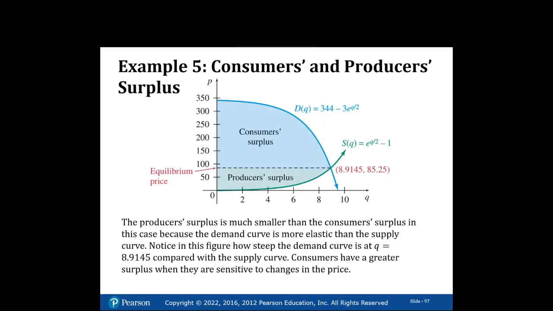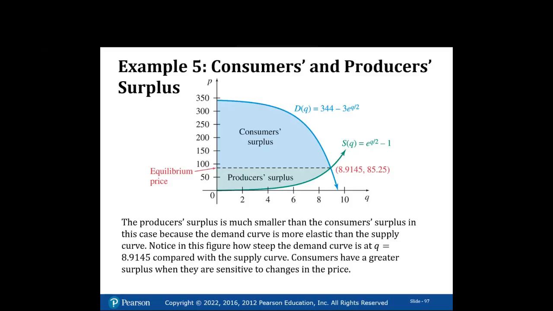So here's the actual graph. If we graph the demand function and the supply function, our equilibrium price is labeled in red, which you can see is where they cross each other. The producer surplus is much smaller than the consumers' in this case, because if you look at the demand curve, that's actually more elastic. You can do the elasticity formula on this, and you'll see that the demand is more elastic than the supply curve.